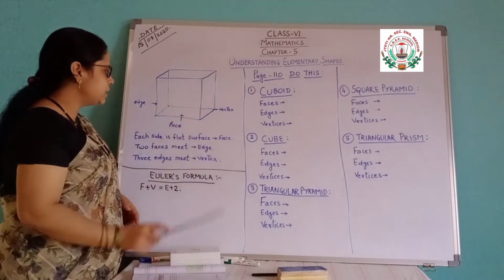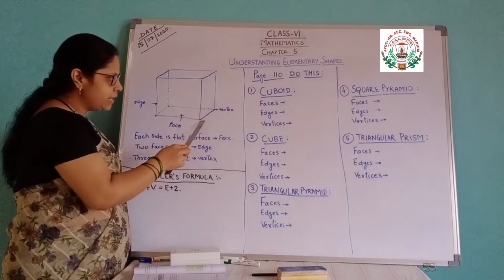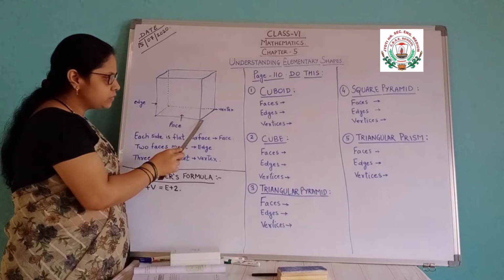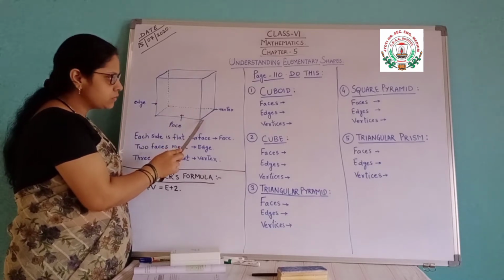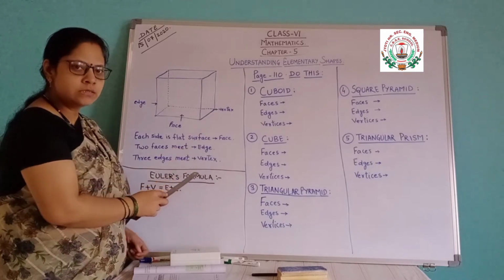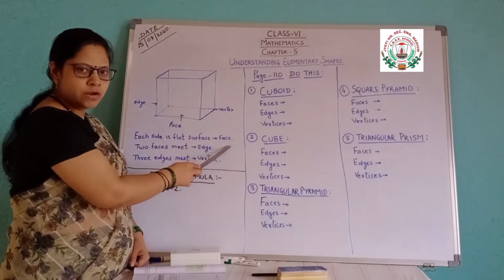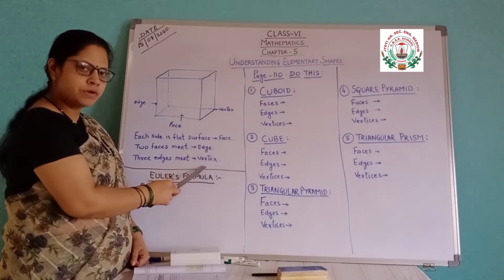In the figure you can see, this is the one edge, this is the second edge, and this is the third edge. These three edges are meeting at which point? So this corner is called a vertex. Plural form of vertex is vertices. Face, plural faces. Edge, edges, and vertex, vertices.